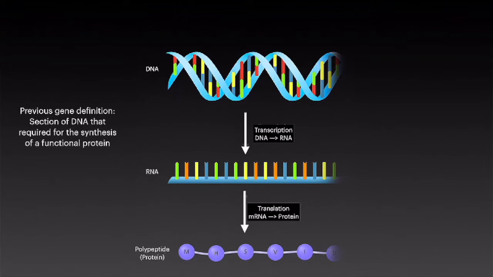So the definition you probably learned is that a gene is a section of DNA that is required for the synthesis of a functional protein. So you probably learned a very heavy focus on protein. Okay, DNA, RNA, protein. This isn't incorrect, it's just incomplete.